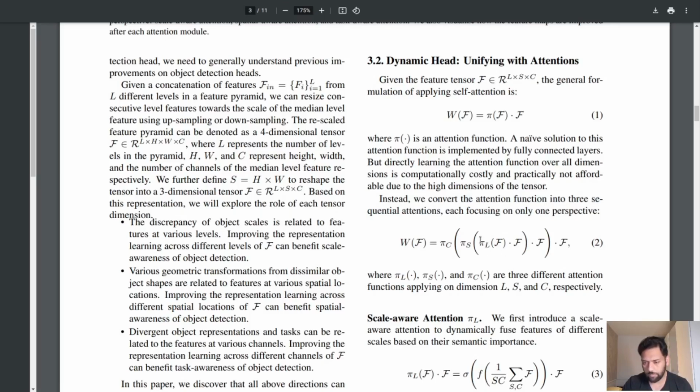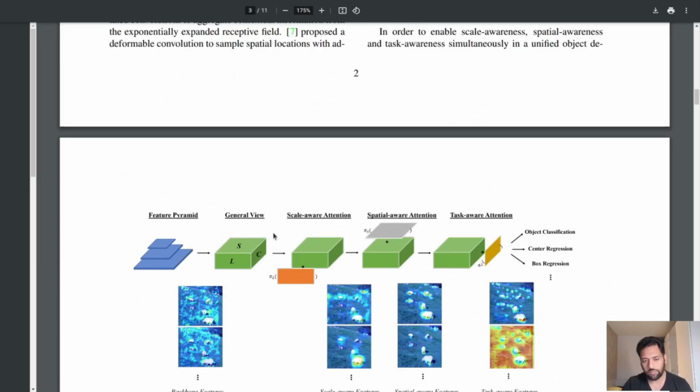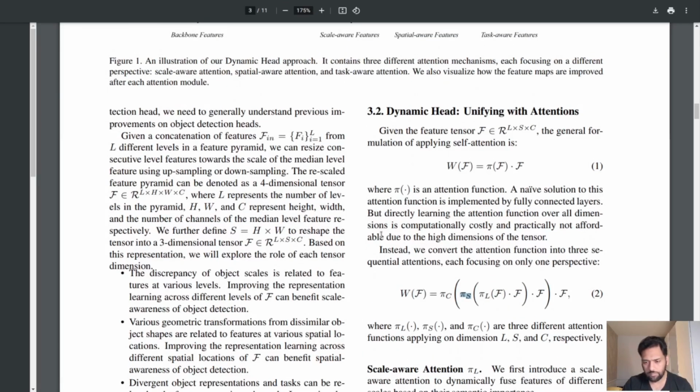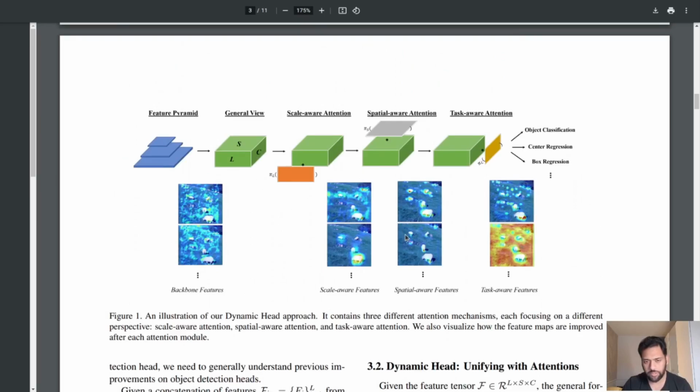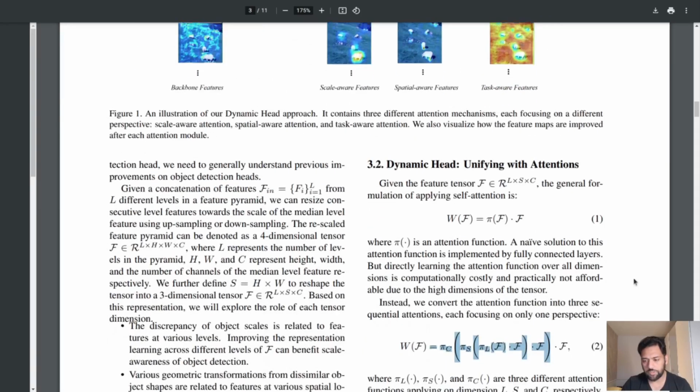We start from the middlemost. We have attention across the level dimension, and then it's multiplied by the input feature. Then we have attention across the spatial dimension, multiplied by the input feature, and then the output of that goes to the attention across the channel dimension, and then it's multiplied by the features.